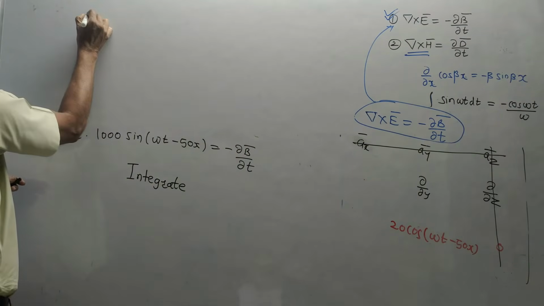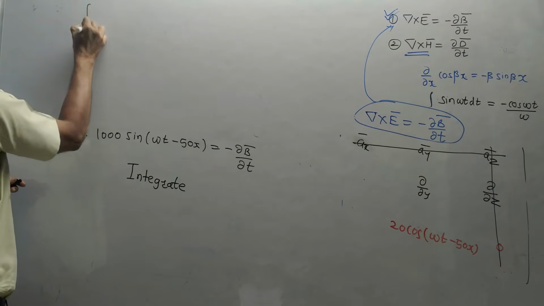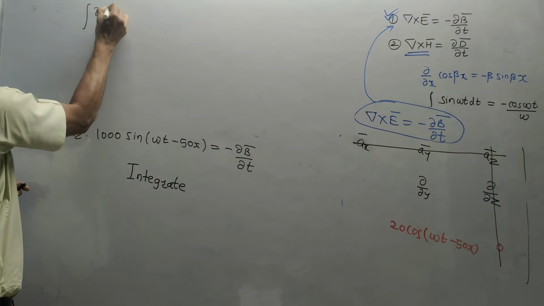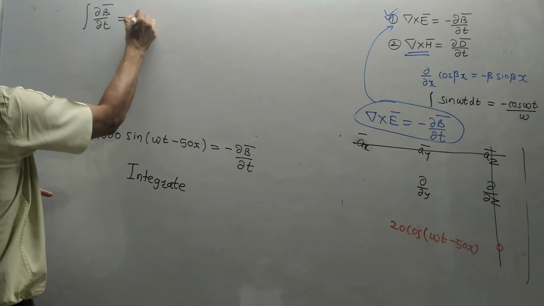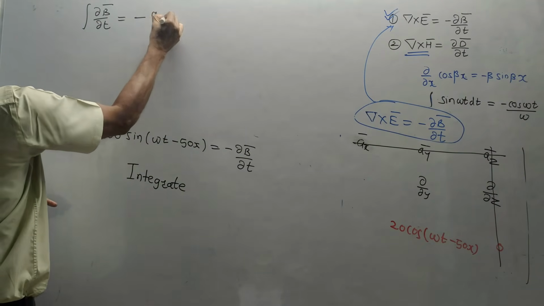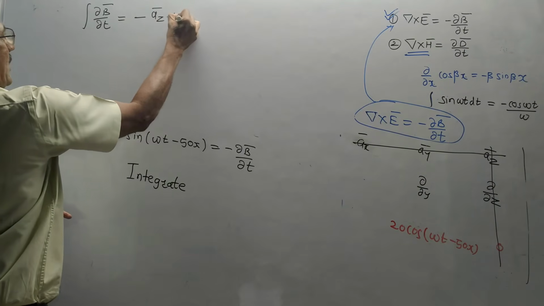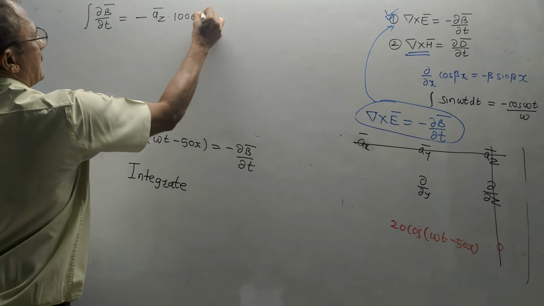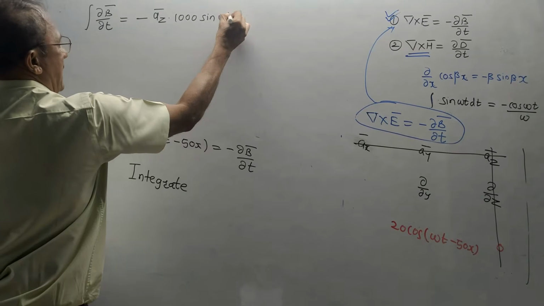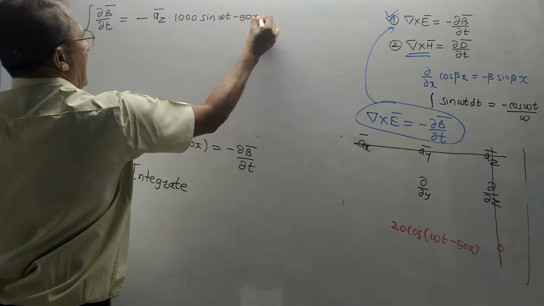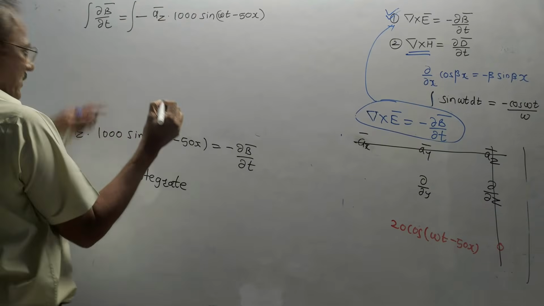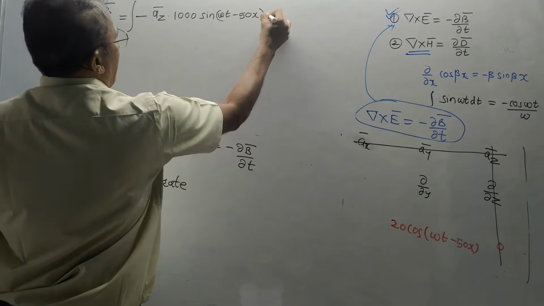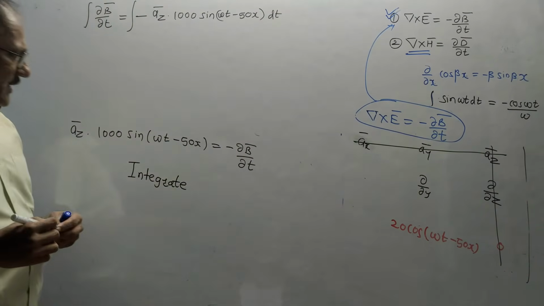So I will write it like this: the integration of del B bar by del t, I haven't considered this minus sign, is equal to minus AZ bar into 1000 sine(omega t minus 50x), and I have to integrate it, so I will put the integration sign over here. Integration is with respect to t.